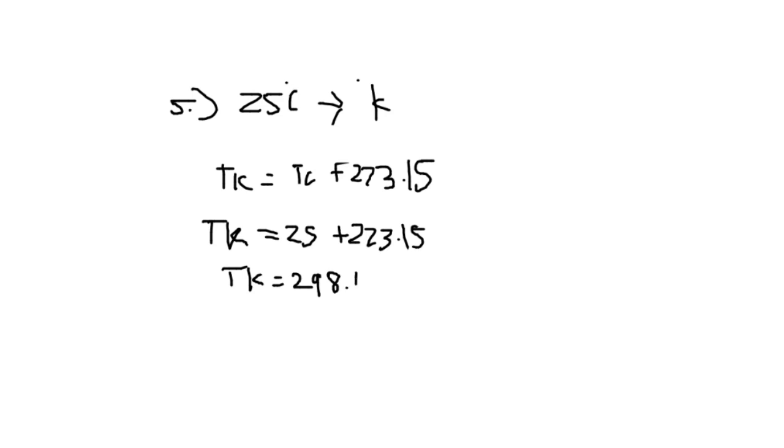So it's 298.15 degrees Kelvin. So let's go for our number 6. That's pretty easy. Let's say we have 500 degrees Kelvin dito, and then we're going to convert it to degrees Celsius.